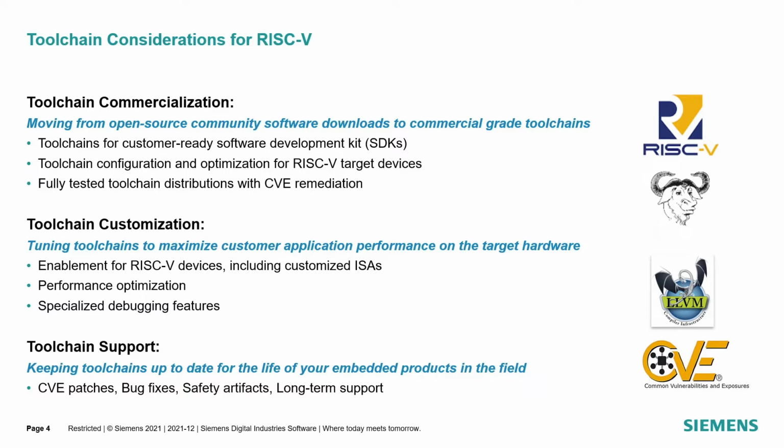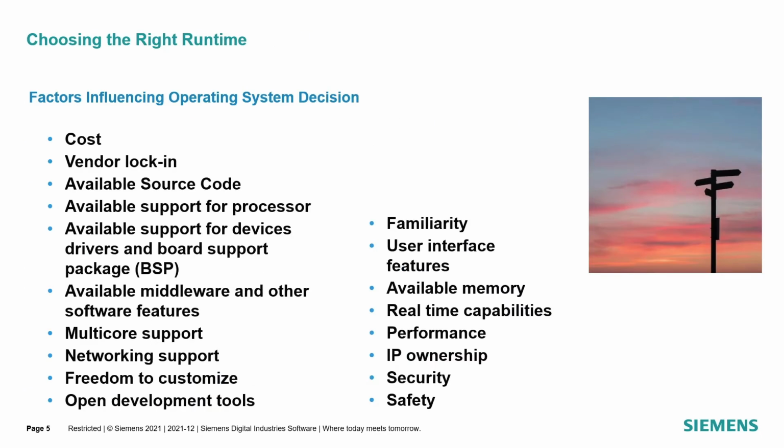That tool chain customization capability, you can leave to our Sourcery experts to manage for you. And then finally, there's also the tool chain support: CVE fixes, bug fixes, security or safety artifacts, long-term support, and other services that our Sourcery team can provide to help you with the ever-expanding ISA for RISC-V.